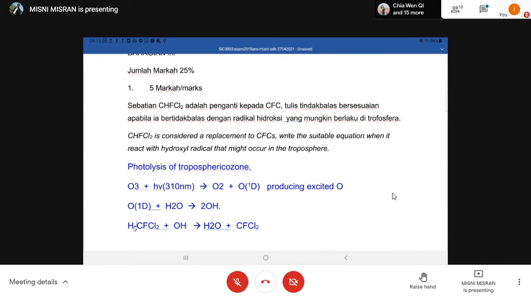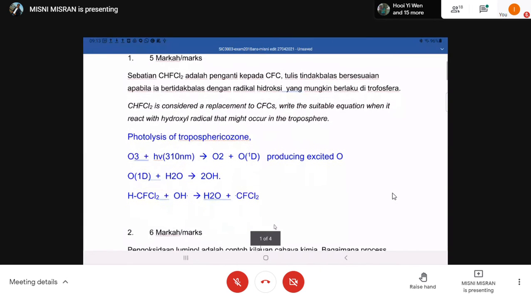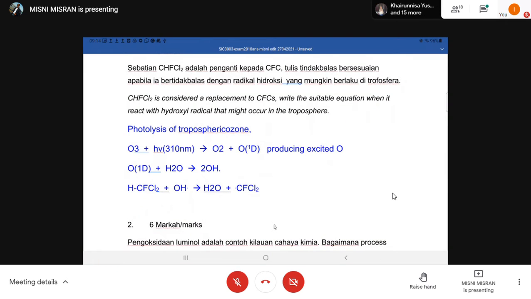So the H here you can kick out. So you have CFCl2. This is a radical, okay? This is the radical form, which is open for the next reactions, right? This is the first reaction that can take place. You can also react with the chlorines, right? Because chlorine is also a good leaving group. Okay.